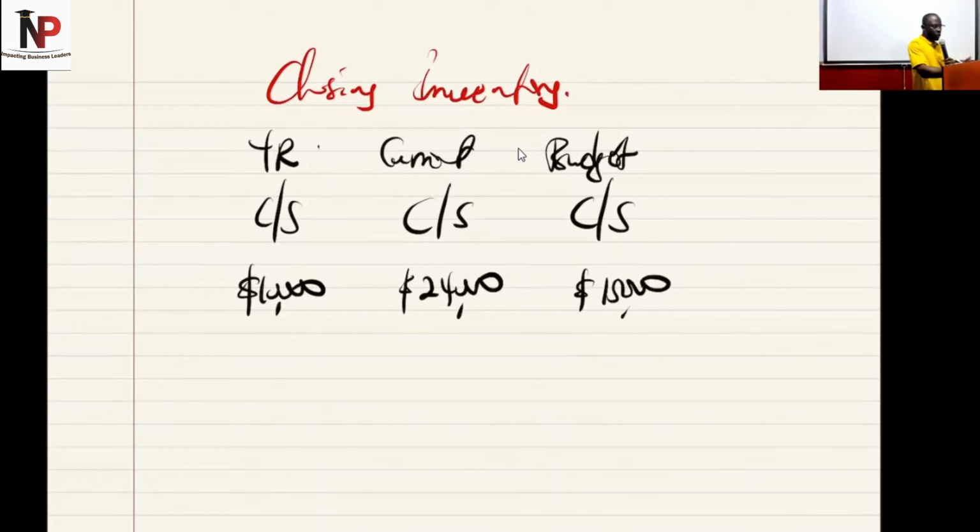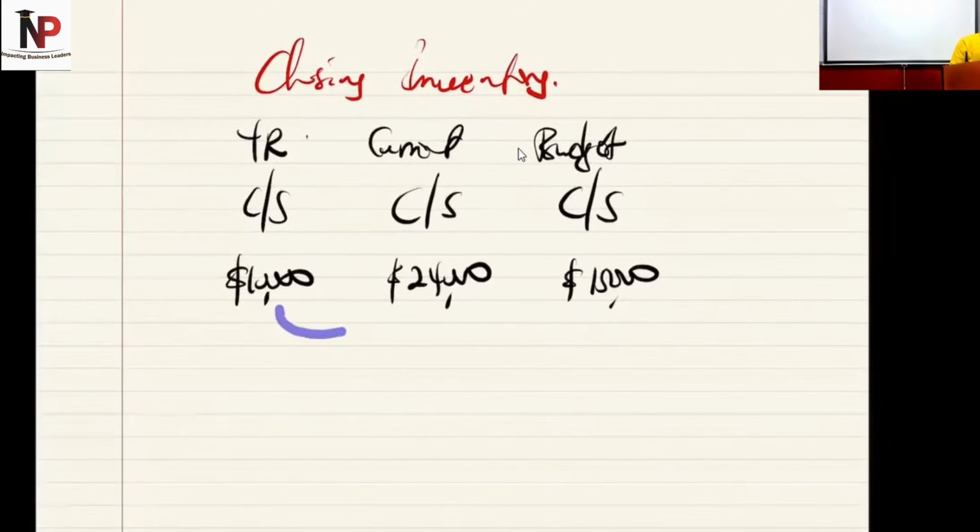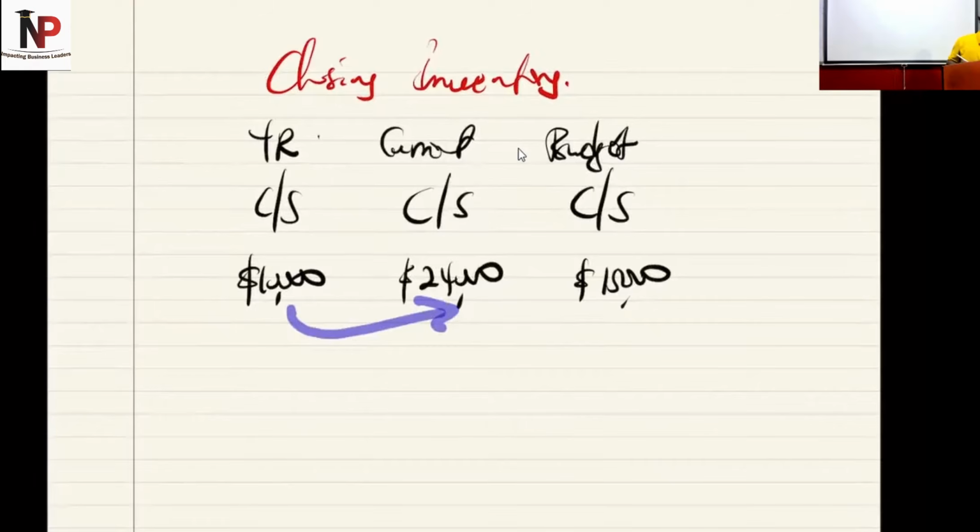Now, if you look at a glance what I have here, last year it was 10,000. This year it is 24,000. In the budget, management said they expect to have closing inventory of 15,000. The question is, why has the inventory gone up from the last year by a little over 150%?